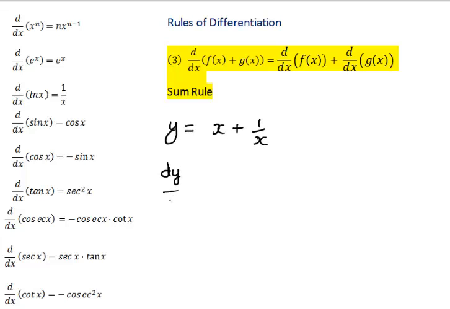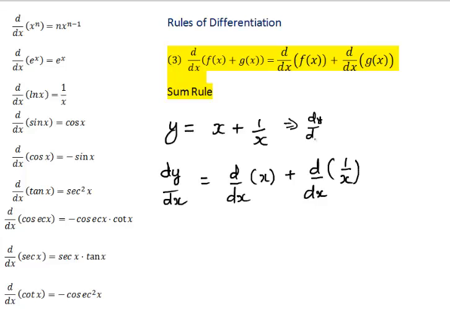Then if you have to find dy by dx, it is simply d by dx of x plus d by dx of 1 by x, because differentiation of y here, dy by dx, is d by dx of x plus 1 by x, and it converts into this applying the sum rule, that differentiation of y will be differentiation of x plus differentiation of 1 by x.